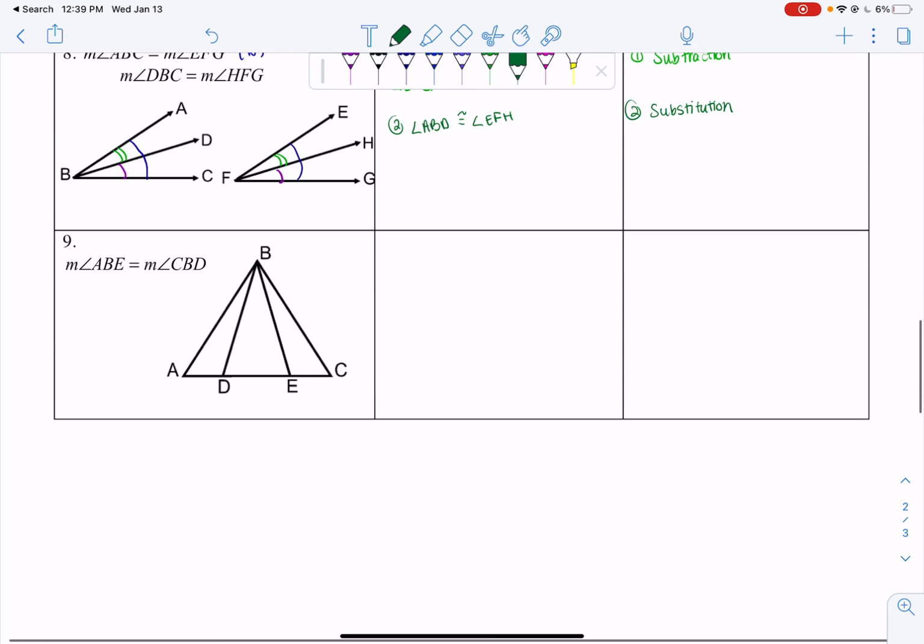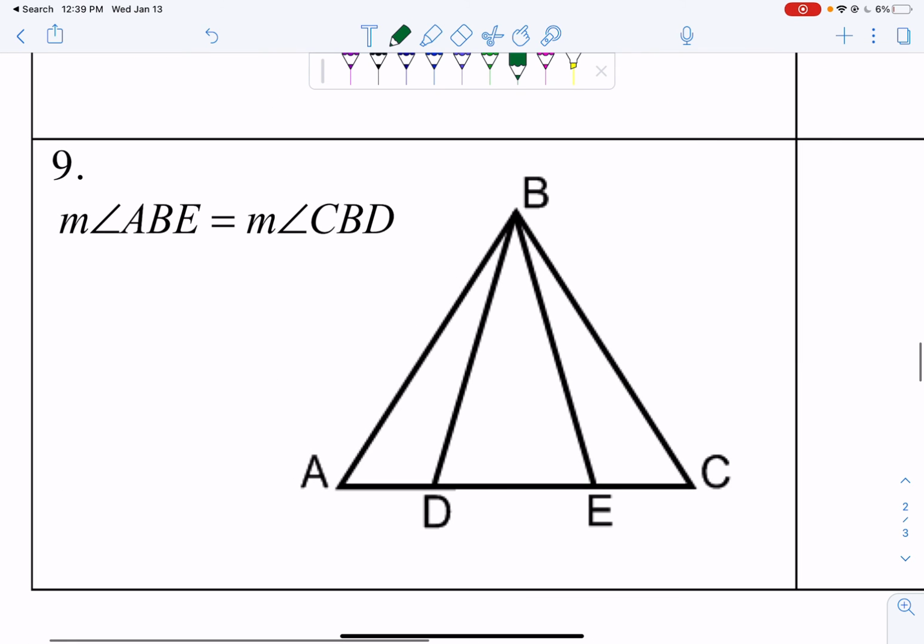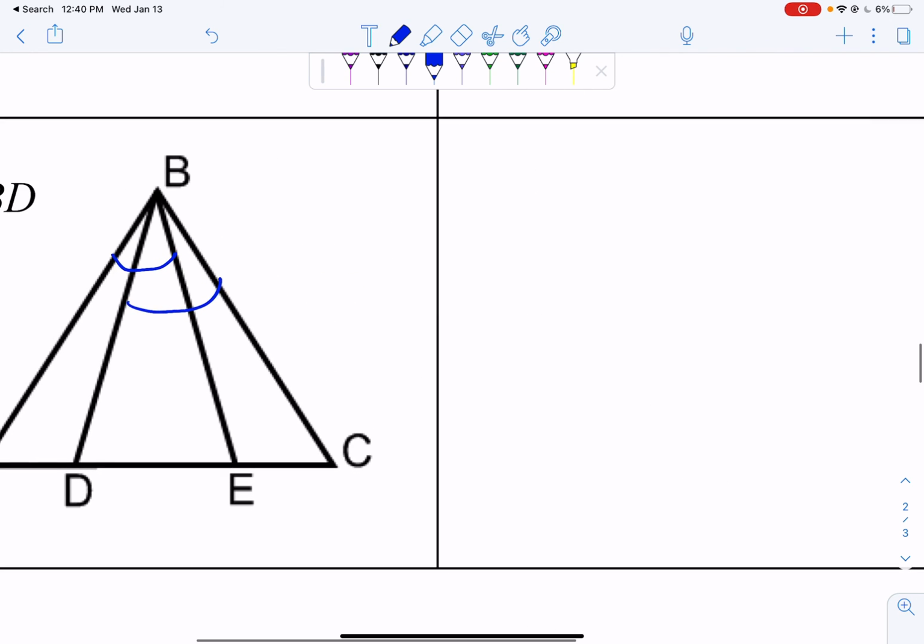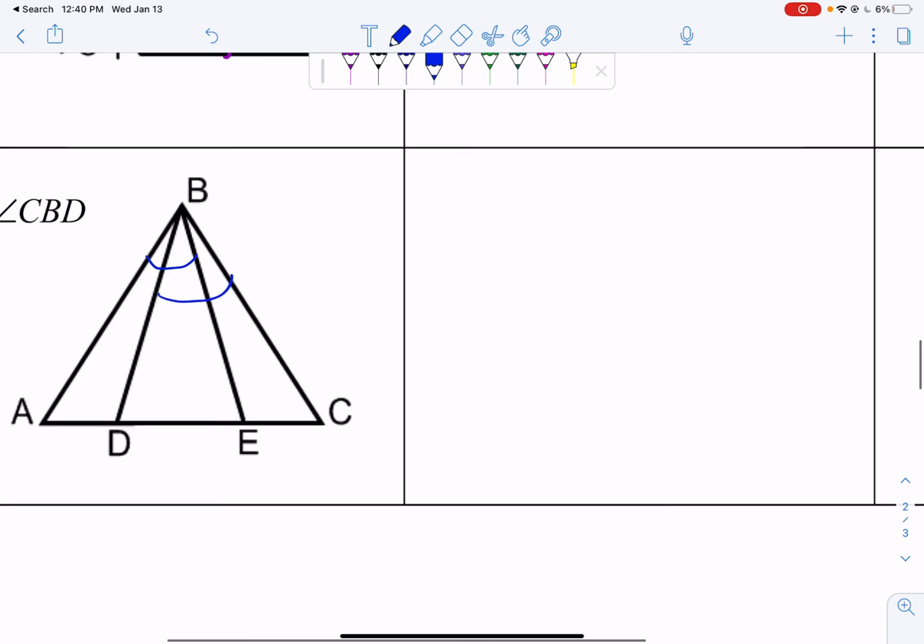Perfect. One more example. Number 9, I have angle ABE. So if I look, that's a whole right here. Angle ABE is congruent to angle CBD. And if you look, you have a reflexive where there's overlap. I have a reflexive right here. So that's angle DBE. So I can do angle DBE congruent to angle DBE, reflexive.